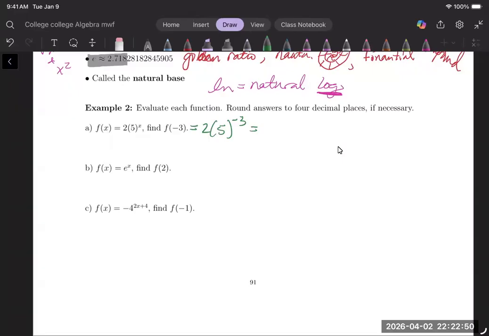Well, you may not remember, and that's totally fine. That's why I'm here. Negative exponents move position, so let's put it that way.